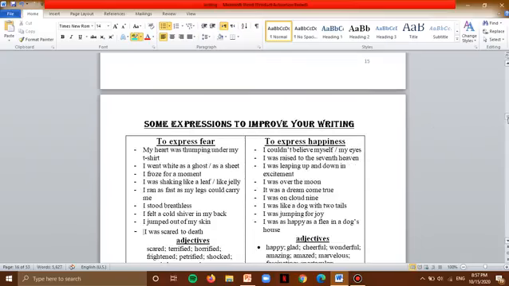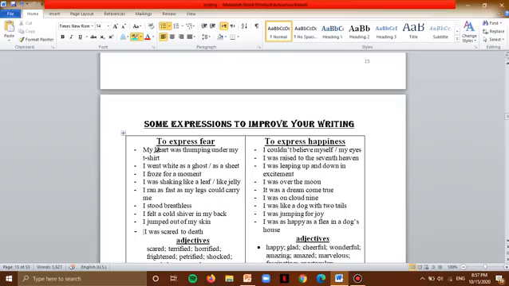Now, I'm sorry, these are expressions that I can use to improve my writing itself, to make my writing again more interesting. For example, if I'm writing a scary story or a horror story, of course there has to be some fear. People are afraid, and I have to make my reader afraid, and my characters should be afraid.